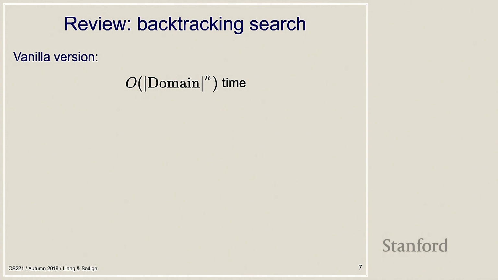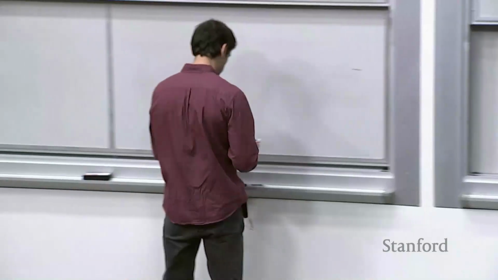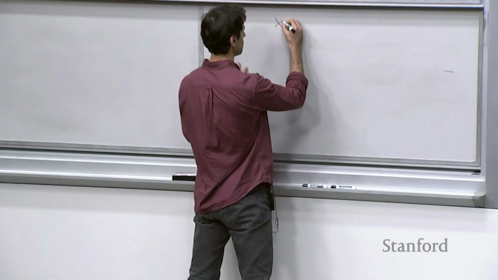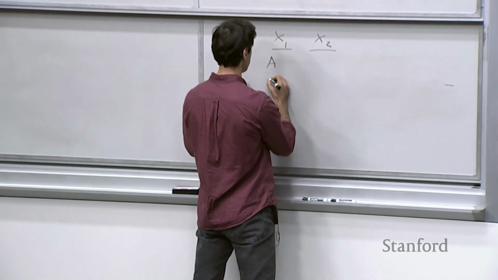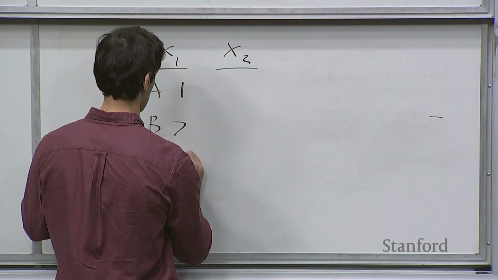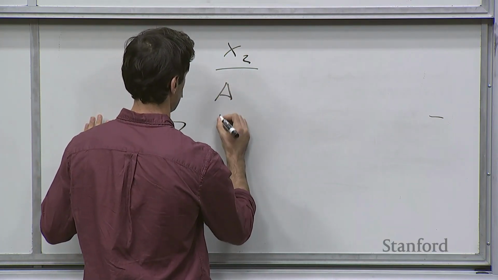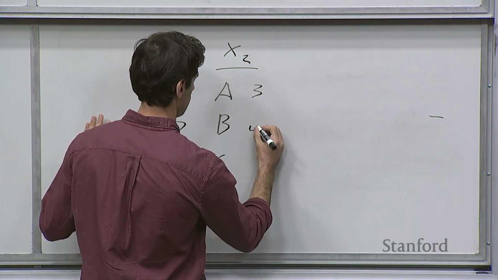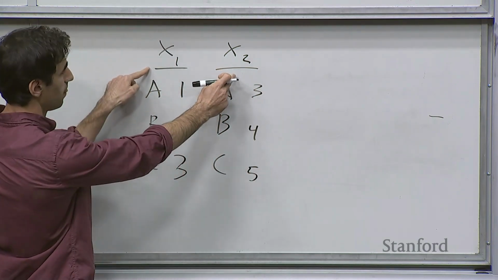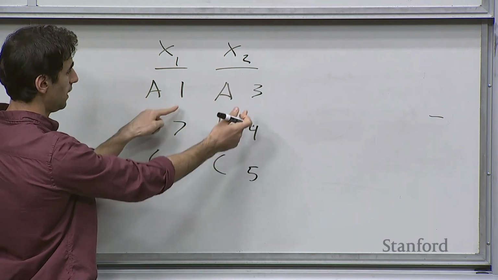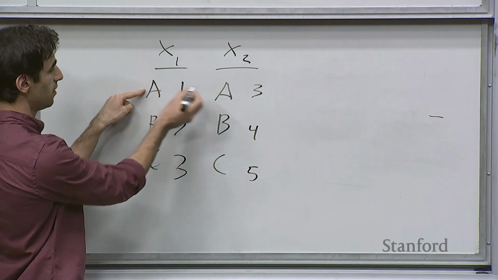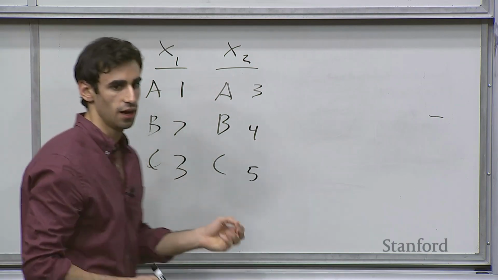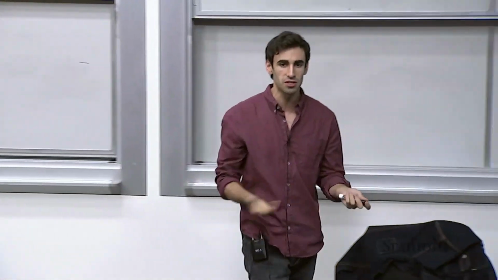For example, if we had two variables, x1 and x2, and they both took on 3 values, these are our variables, and these are the values they can take on, and these are how much our factors like them. Then you would have to say for each value in x1, for each value in x2. So it's this exponential blow-up, which is just very slow.